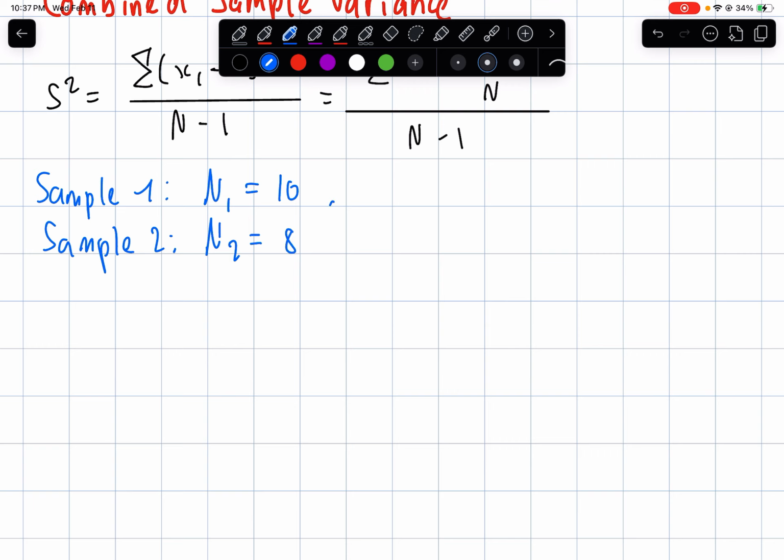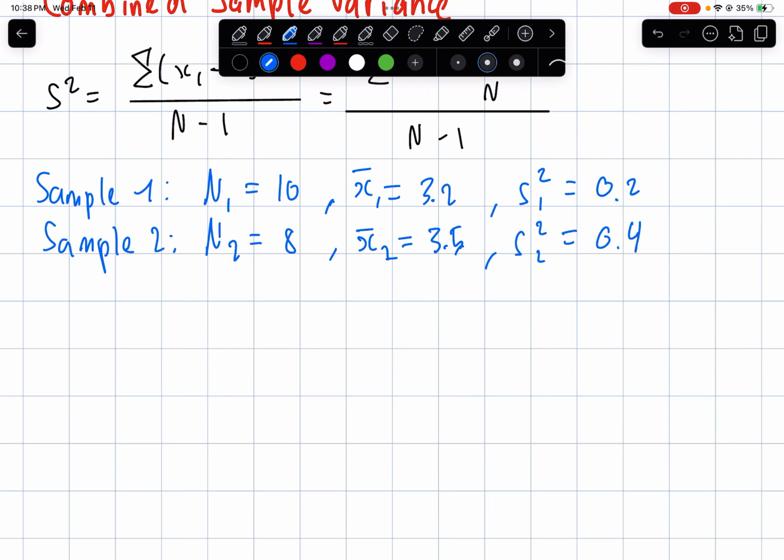Then they'll give you the mean. So the mean of 1 will be 3.2 and the mean of 2 will be 3.5. And last, they'll give you the variance for both, because that's what we want to combine. Let's put it at 0.2 and then 0.4.